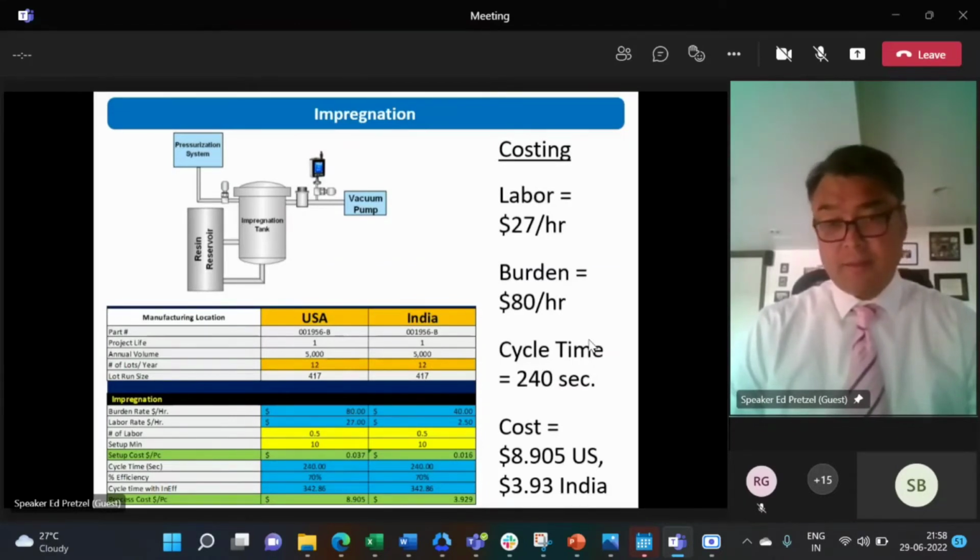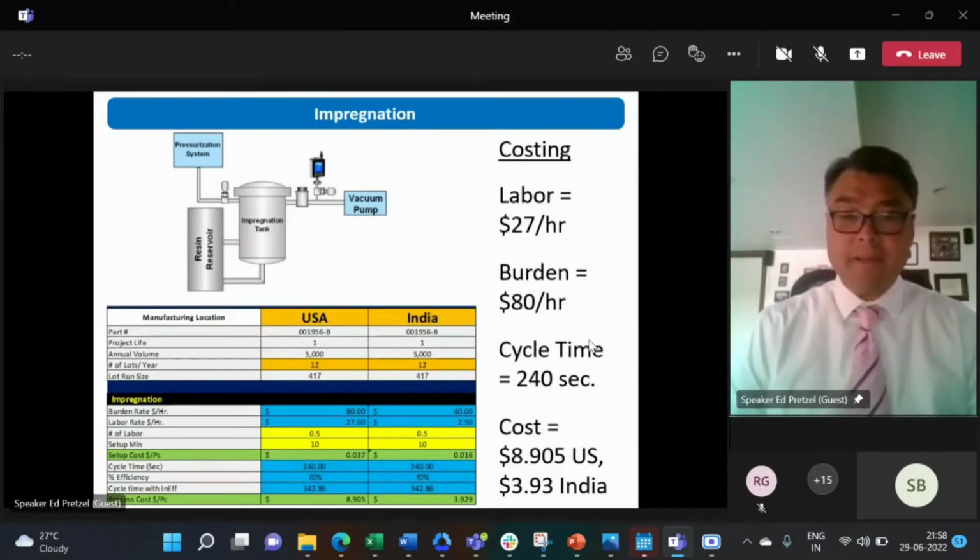We have a labor rate of $27 and a burden rate of 80. You will see that the operator is assumed at half an operator, because the cycle time is so long. In India, the burden rate is generally about half that of the United States, and again, that labor rate is quite low. So the United States is $8.91, and India is projected to be at $3.93.